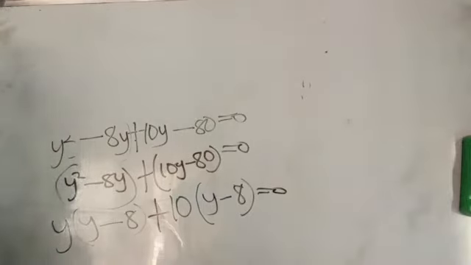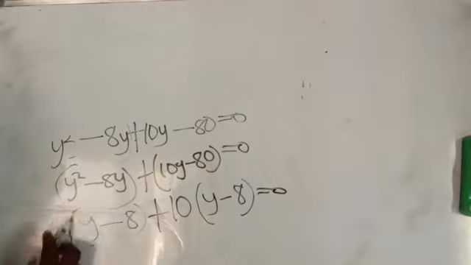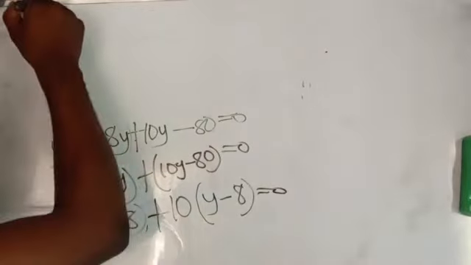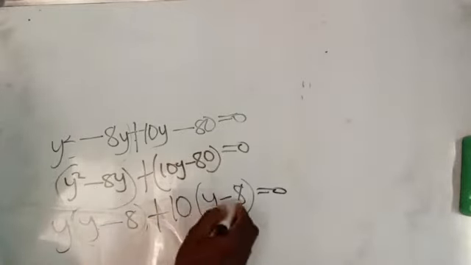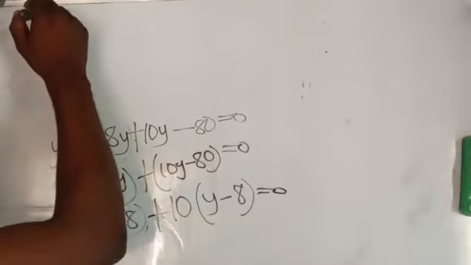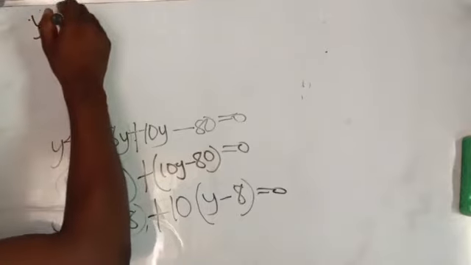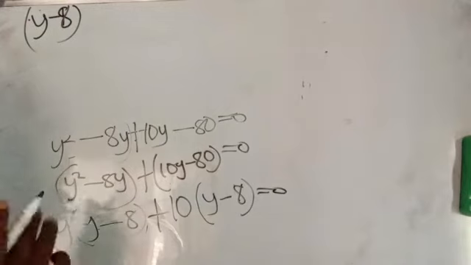Now, you see this bracket now. We have common brackets here. We have y minus 8 and y minus 8 as the bracket. Just bring only one bracket out, y minus 8. That is the only one bracket.